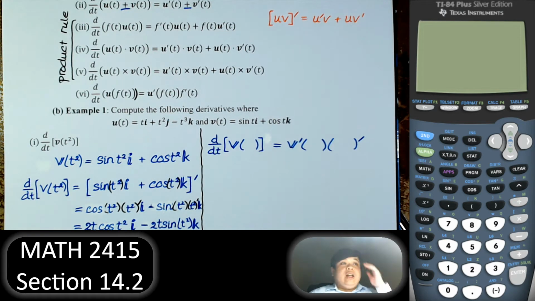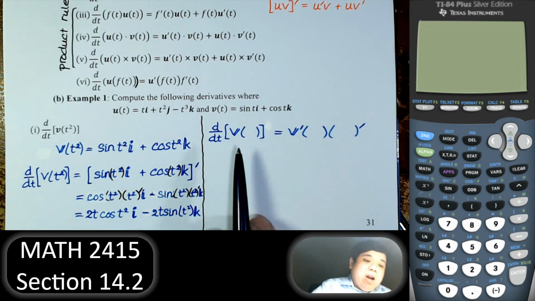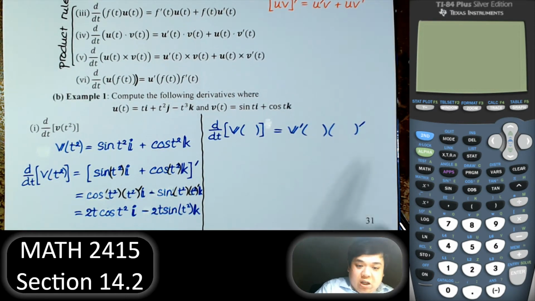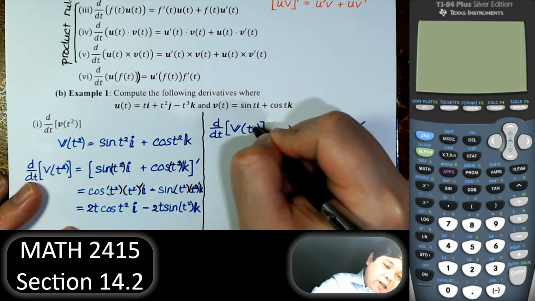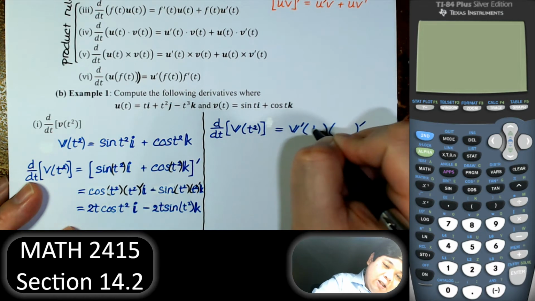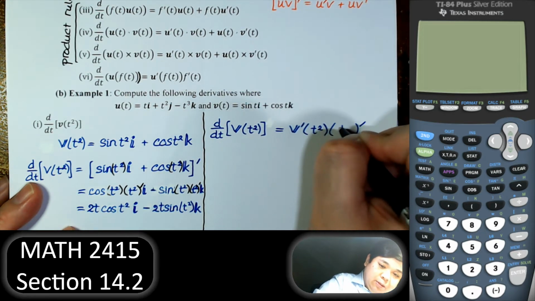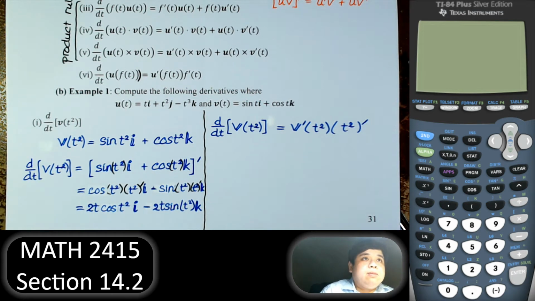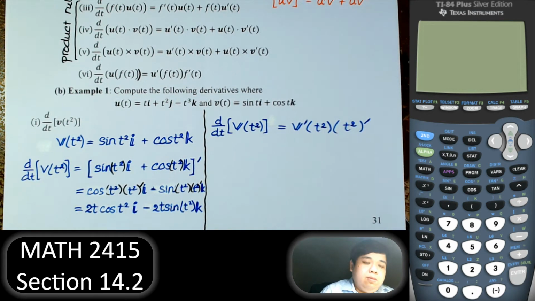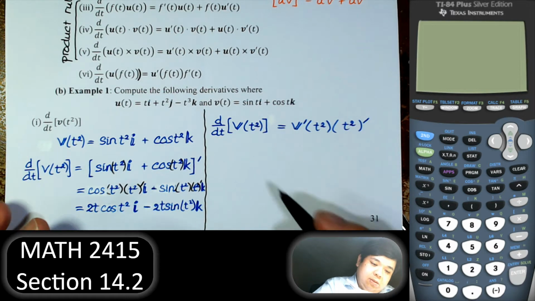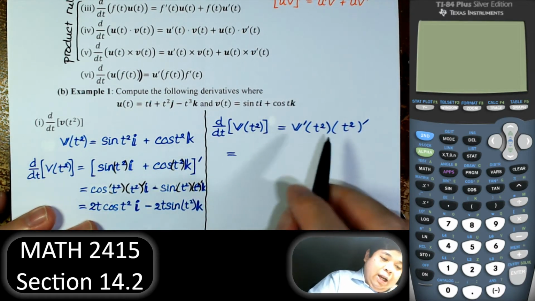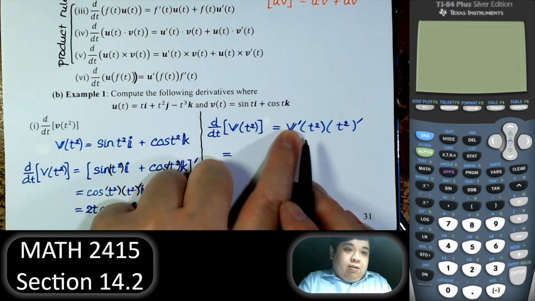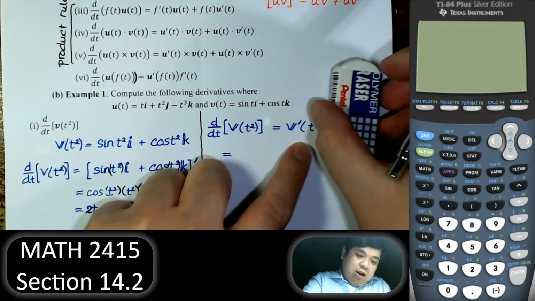So in general, that's how the chain rule works. Doesn't matter what is inside the parentheses, it's going to be like that. Now what we have is t squared, right. Now we're going to take the derivative. Let's ignore that for a moment.